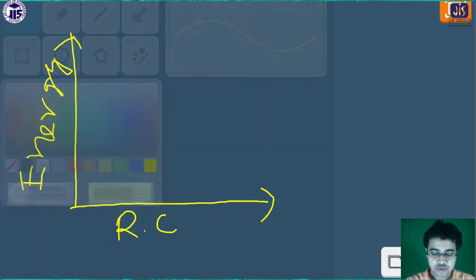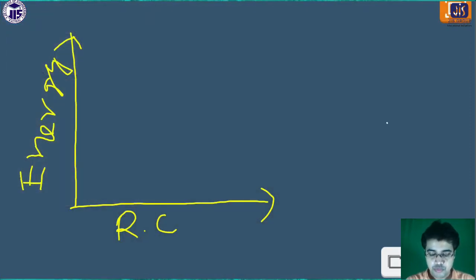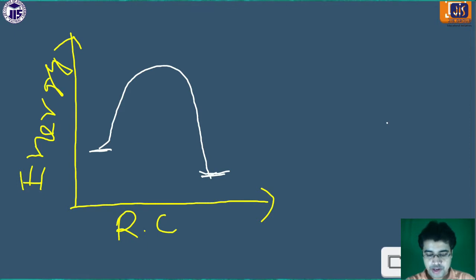If it is an exothermic reaction, then the curve will be like this. Here R is the reactant, and this is the product.